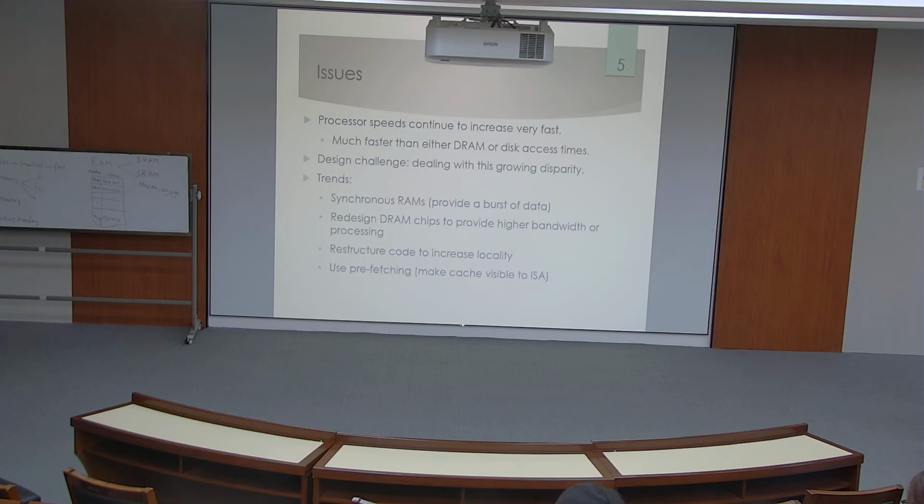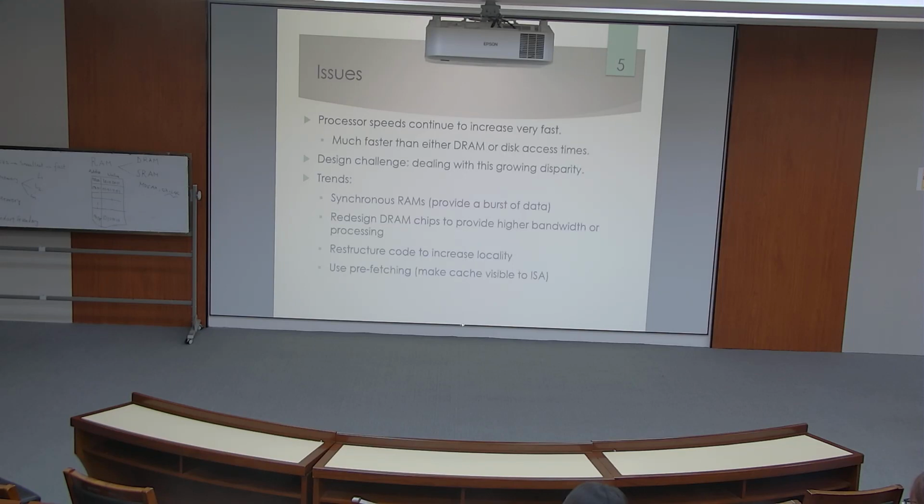So we need to have some memory trends, including synchronous RAM, to provide fast memory access time. We also need to redesign the DRAM chips to provide higher bandwidth compared to the previous memory system. We also need the structure of the code to increase its locality, and to use some prefetching techniques, for example, to make the cache memory visible to our instruction set architecture.